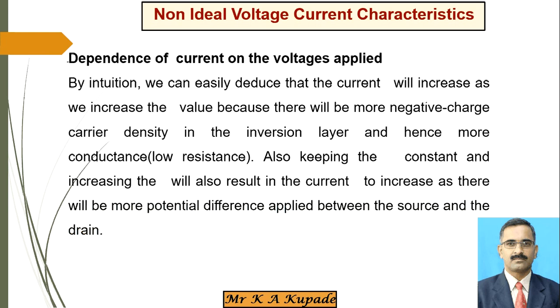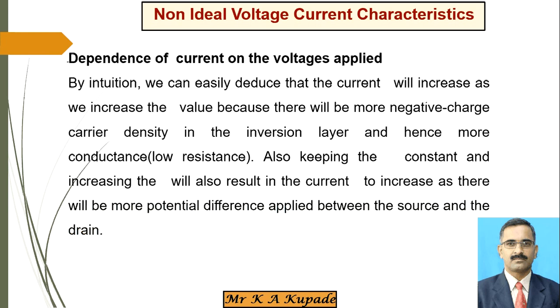Another point is the voltage applied between drain and source, which we also have to keep in mind, because it also varies the current, causing some increase in the current. Just remember that.